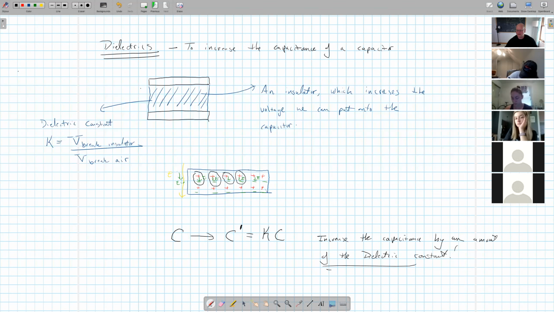So this is the point of the dielectric. Again, the dielectric is simply an insulating material which we put inside that then increases the amount of capacitance by an amount of the dielectric constant.